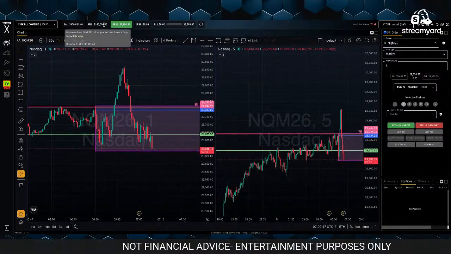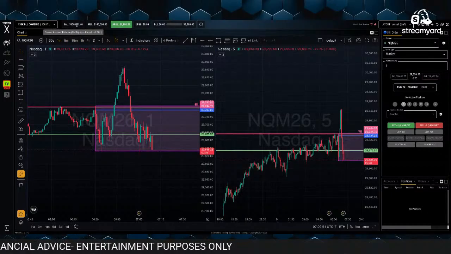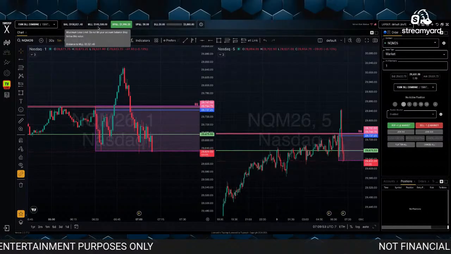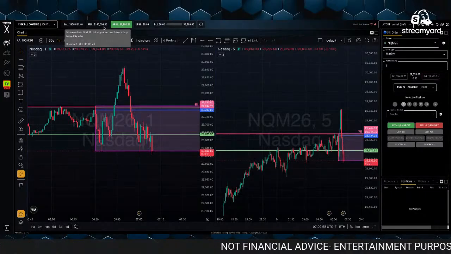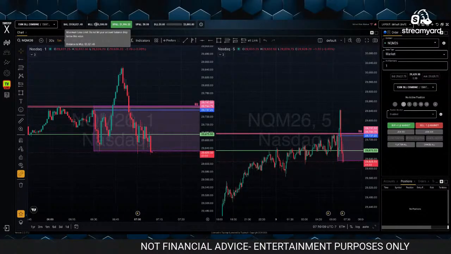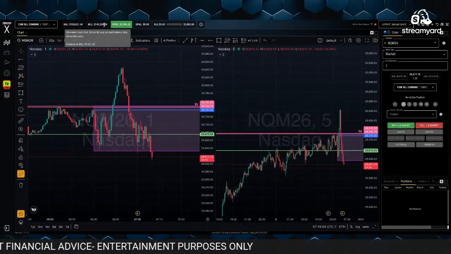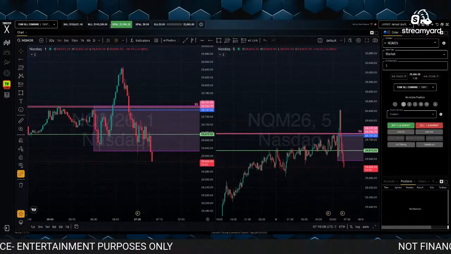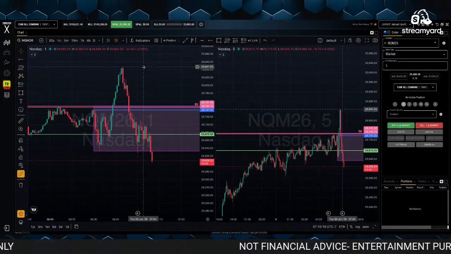The max I can lose on this account is this number right here, it can't go below 145,500. If I just start losing and this number goes to 145,500, they close me out and I have to start all over.